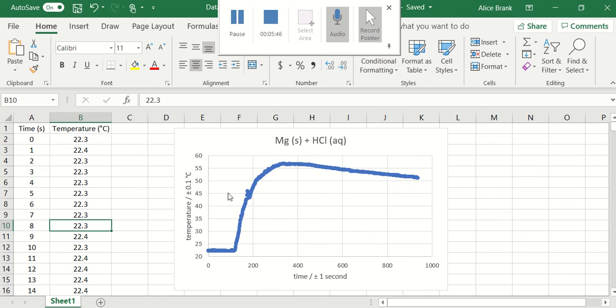So what we want to do is look at our data. We want to take the maximum temperature that we recorded, and then when it starts to decrease. So I'm going to start looking around 300 seconds. Do you see if I cursor over it, that just gives me an idea. So I'm going to scroll down.